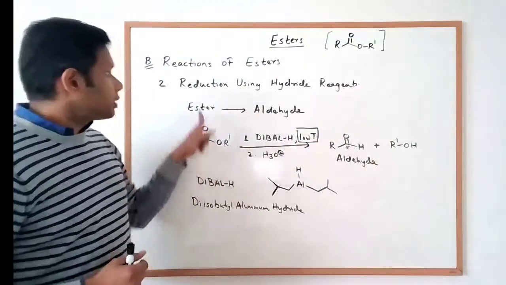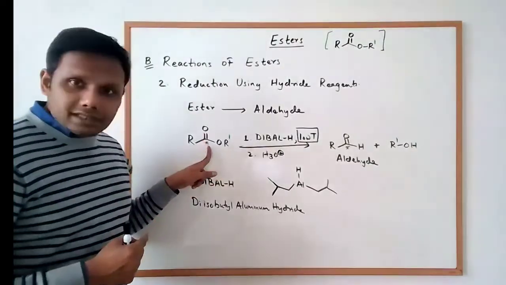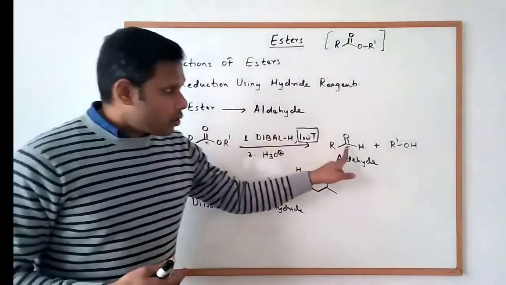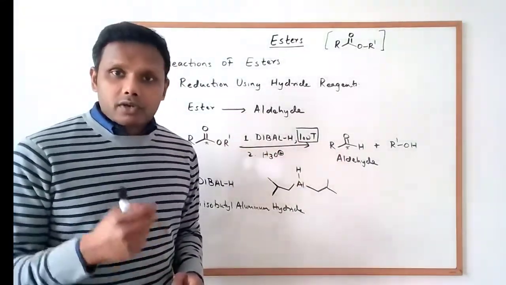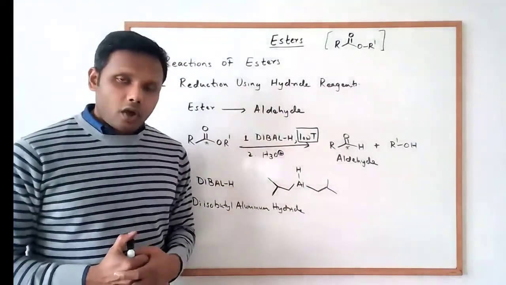We're talking about the reduction of the acyl carbon, and the acyl carbon here, which is a carboxylic acid-based carbon, is only reduced as far as a carbonyl compound. So we can stop at the carbonyl compound.